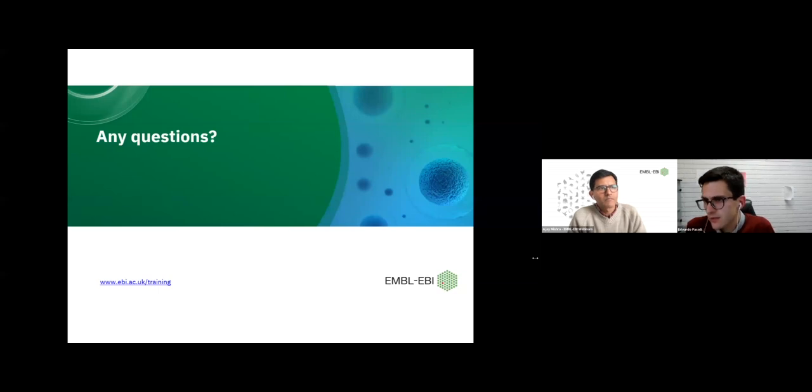In particular, I would say the StrainPhlAn approach is the optimal one if you want to track strains. PanPhlAn instead, if you also want to do functional analysis, because it provides you the presence and absence of specific genes, and you can do functional analysis based on that.